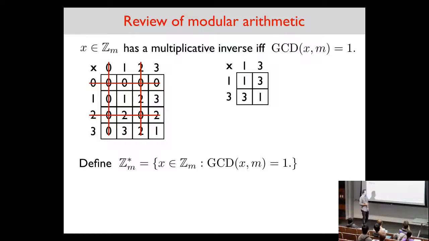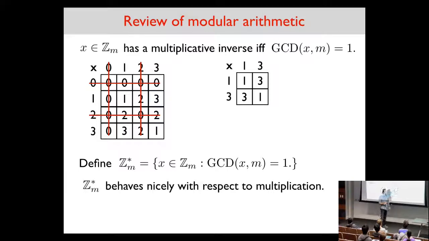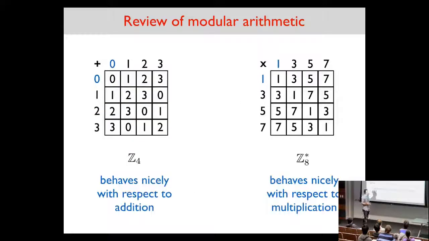Okay, so in general, we have this notation. We define Zm star basically to be the elements of Zm that have a multiplicative inverse, or such that GCD of x and m is 1. Now, Zm star is nice. It behaves nicely with respect to multiplication.